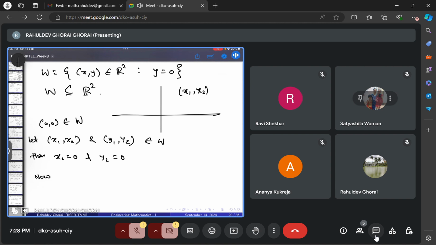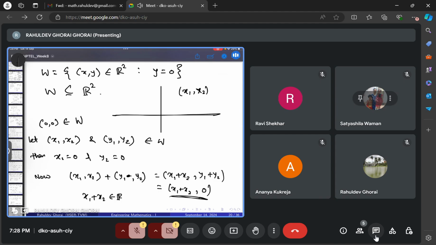Now if I add (x1, x2) plus (y1, y2), that will be (x1 plus y1, x2 plus y2), but x2 and y2 are both 0, so it is (x1 plus y1, 0). This type of tuple is in W, because x1 plus y1 is some real number, comma 0.